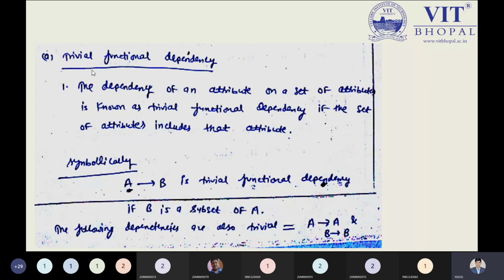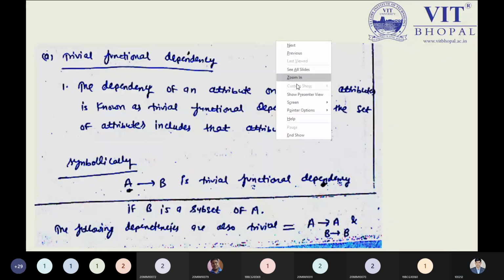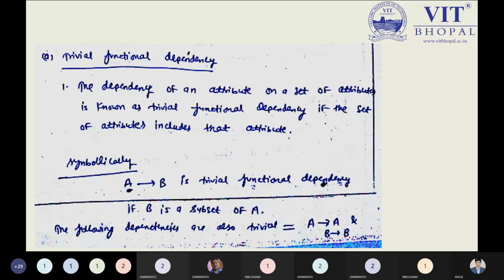This will be known as the trivial functional dependency, but the point we have to keep in mind is that if B is a subset of A, then we consider this a trivial functional dependency. So A determines B is known as a trivial functional dependency when B is a subset of A. If so, we can say we are following the trivial functional dependency.